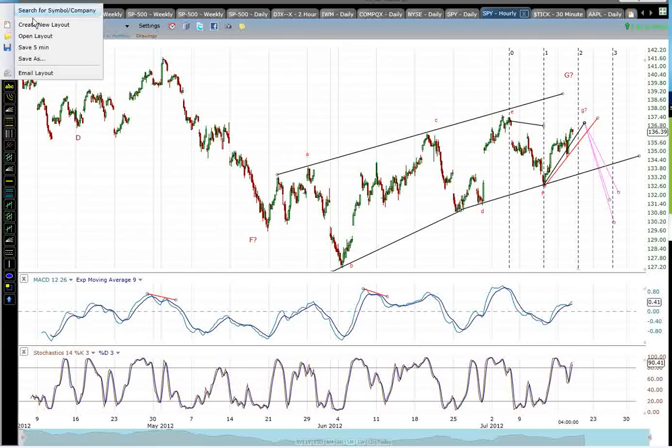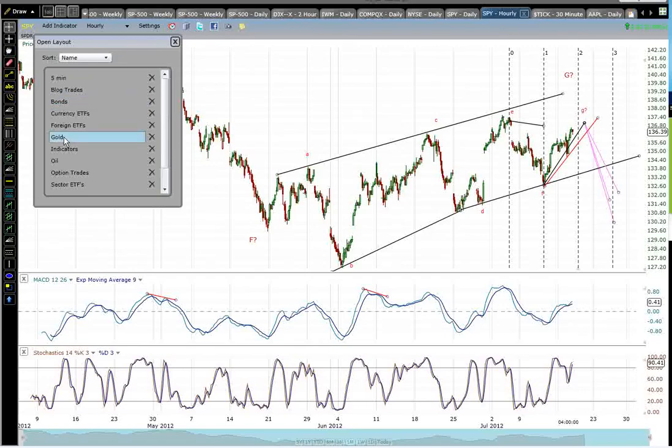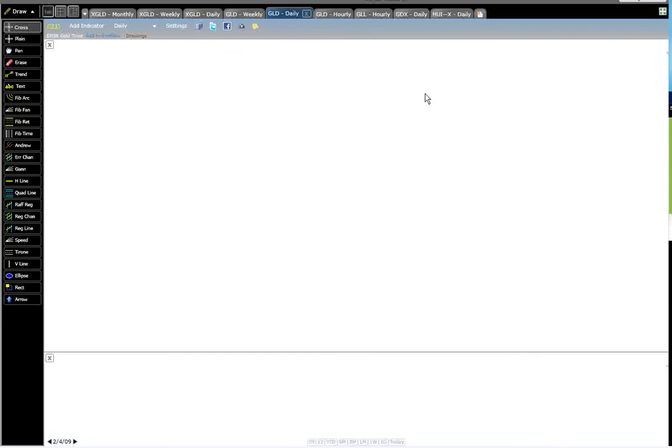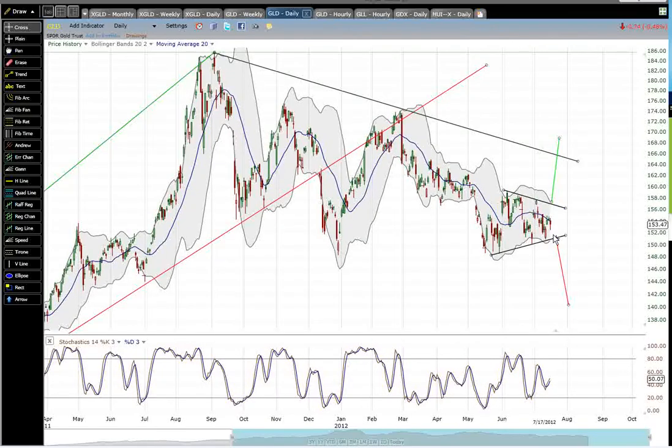Let me click over and check out a couple of other markets while we're doing this. Gold is in a potentially interesting position here. I put a brief post up the other day, but just to show what's going on, this is a pretty textbook symmetrical triangle so far. The way to possibly trade these is, whichever way price breaks out of the lower or upper trend line, you could look at what's called a measured move.